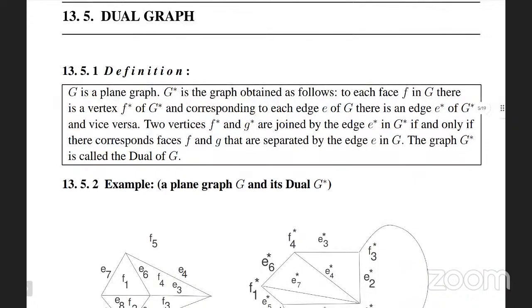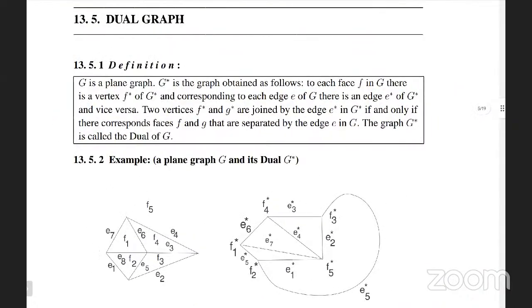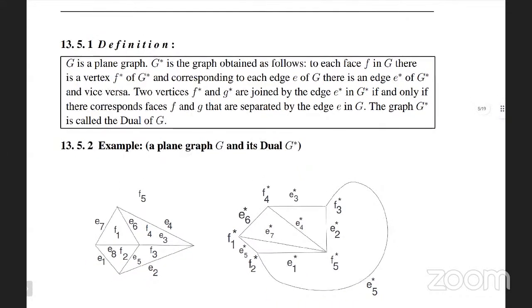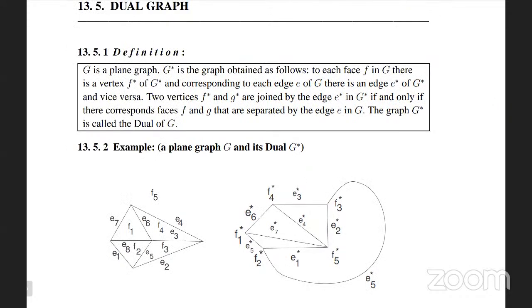And the dual graph. Here we want two graphs to be dual. One graph is named G, another graph is named G star. G is a plane graph, and G star is also a graph obtained from G. For each face F in G there is a vertex F star of G star, and corresponding to each edge E belonging to G there is an edge E star of G star, and vice versa.